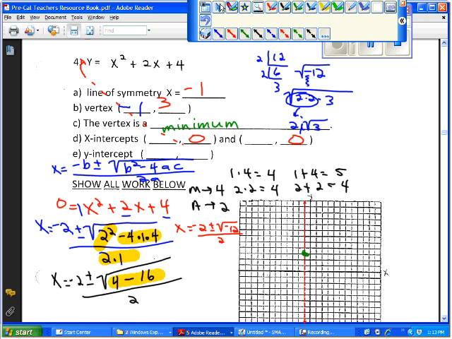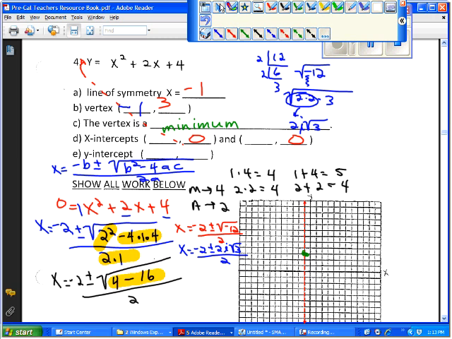But understand how we get 2i square root 3 out of the square root of negative 12. 2i square root 3. And so we have x is equal to negative 2 plus or minus 2i square root 3 over 2. Everybody good to there? Okay.